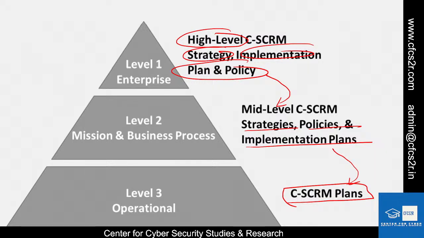The ground level people are at level three, the people who are going to execute it, and the people at level one are going to design the policy. So there is a huge communication gap between level 1 and level 3. So that's why in SCRM we have talked about the loop back process.